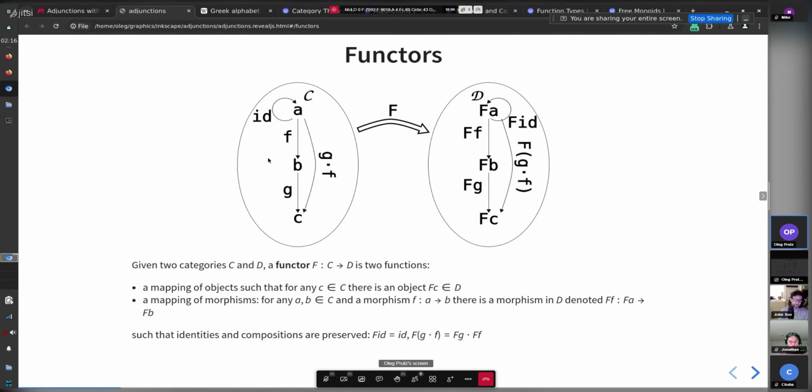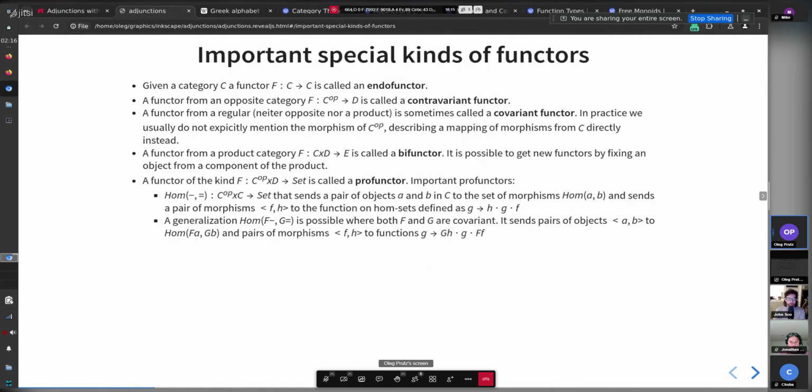Okay, now there are important special kinds of functors that we will be using. If the domain and codomain of a functor are the same, it's called an endofunctor. If the domain is an opposite category, it's called a contravariant functor.